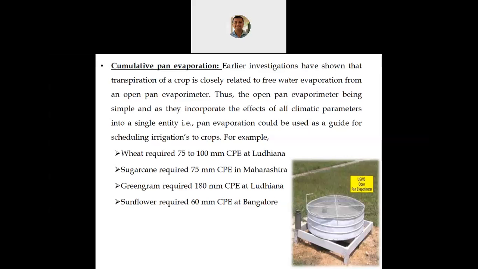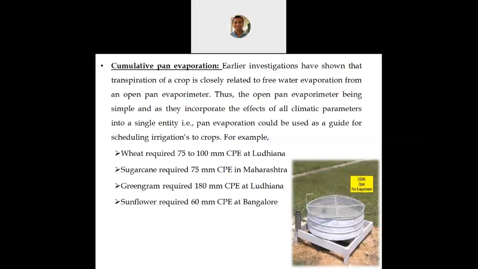So, giving you the basic idea, if the temperature is more, it will promote the evaporation of water from a free water surface or maybe from soil. Likewise, if the relative humidity of the atmosphere is low, that means it can absorb more and more water vapor into the atmosphere. So it will also promote the evaporation from the soil surface or free water surface.